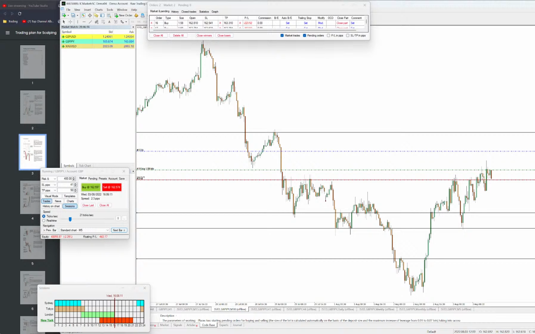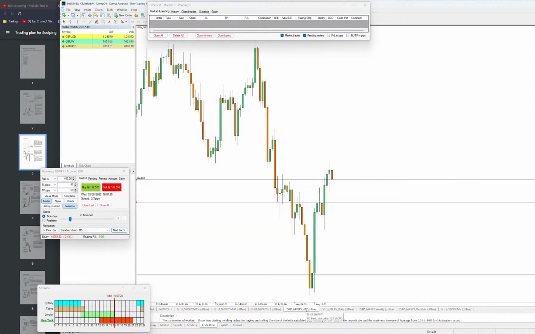Very choppy, like breakout, come back inside, breakout. Look at this resistance, breakout, come back inside, breakout, come back inside. Very tricky market structure. The 4 hour hit our stop loss.